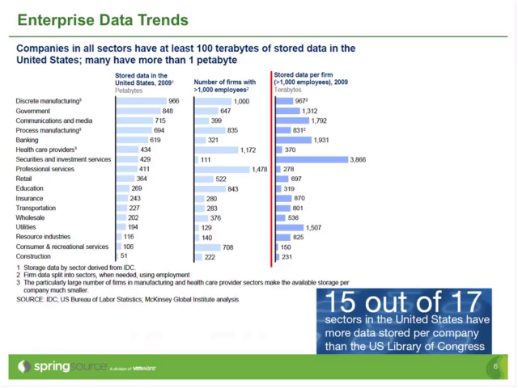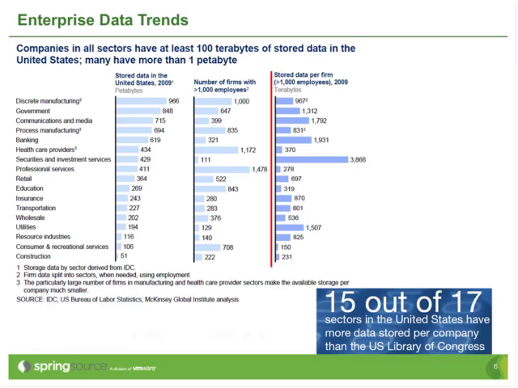Now, if you look throughout the enterprise, the data itself, you have some interesting insights. We're looking here at the U.S. Bureau of Labor Statistics, so obviously this is specific to the U.S. The data is also somewhat old, from 2009, but at least it gives you some perspective. On the left-hand side, you can see the number of petabytes stored inside the United States.